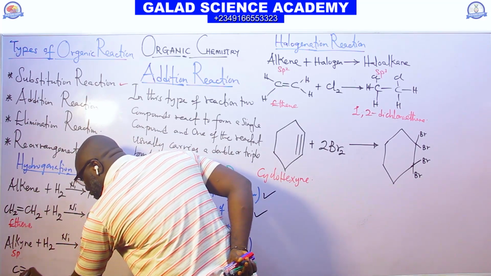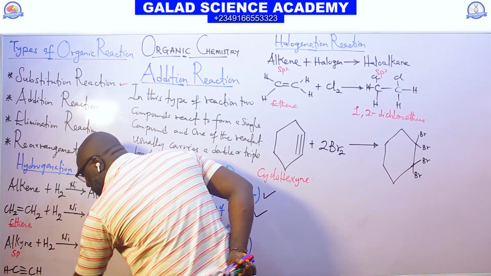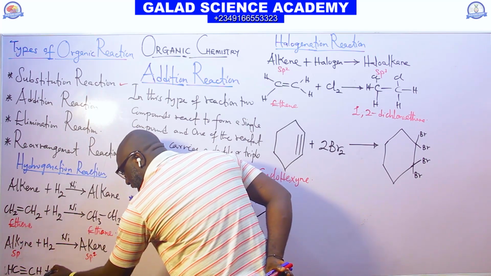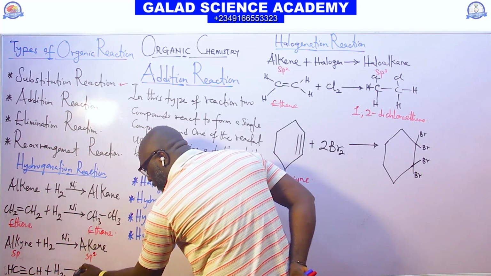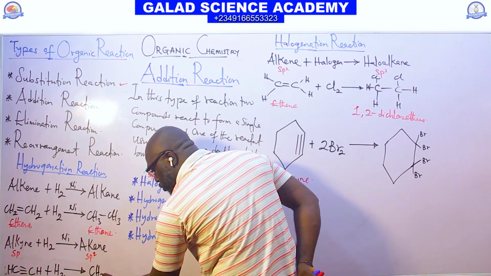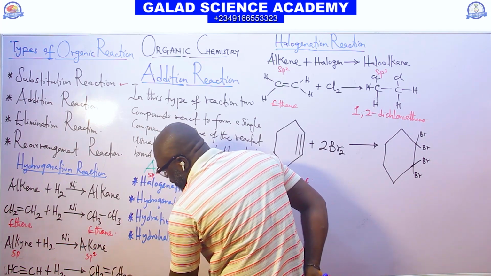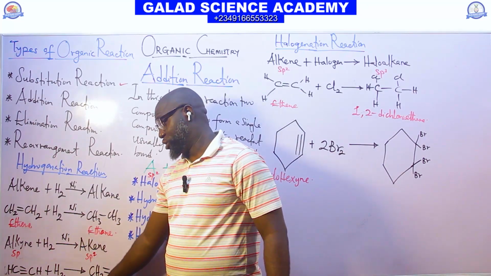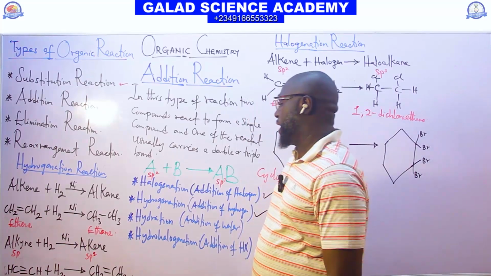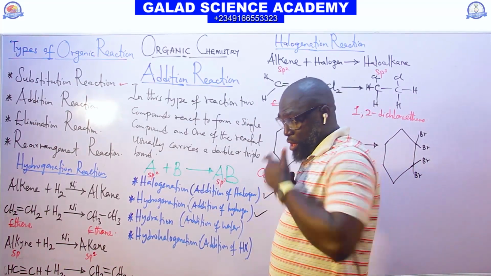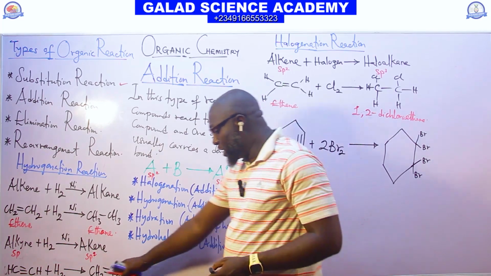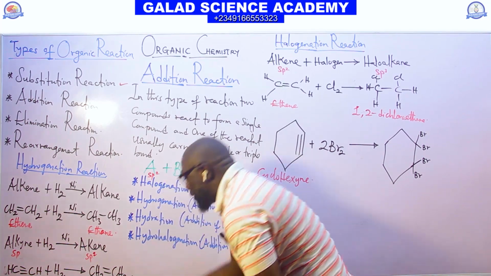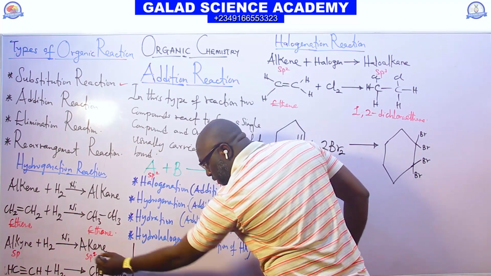So for instance now, if you have carbon-carbon triple bond H, this is ethyne, react with hydrogen. What is the product here? To give us CH2 double bond CH2. So this is also a hydrogenation reaction. And this reaction we can also advance.